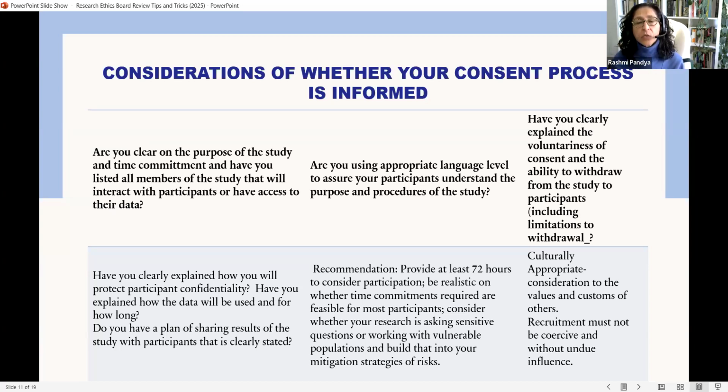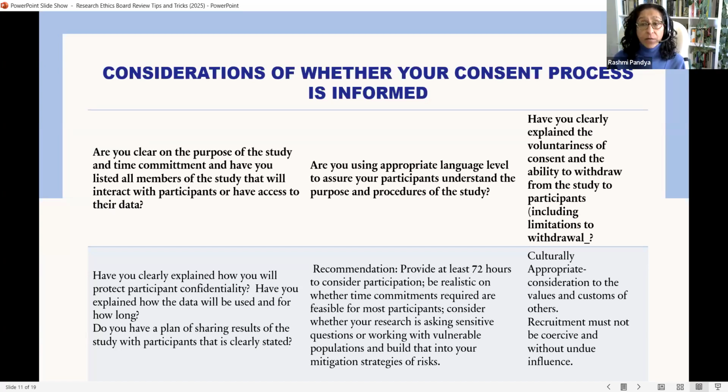Always define things. Don't use acronyms that wouldn't be known by everyone, and especially your participant pool. So really simplify the language in the consent form to be sure that there's a clear understanding of what's being expected, what the procedures will be, what the purpose of the study is.